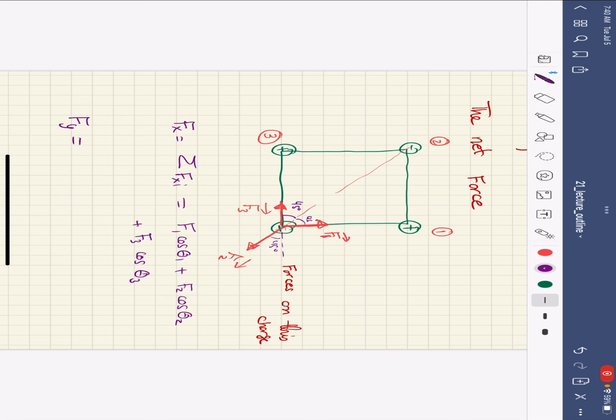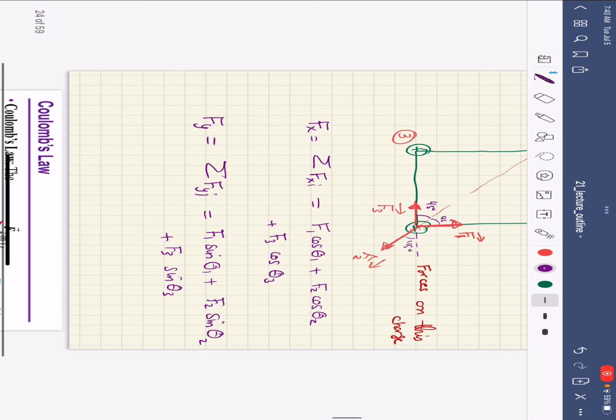And Fy is going to be sigma Fyi, which is going to be F1 sine theta 1 plus F2 sine theta 2 plus F3 sine theta 3.